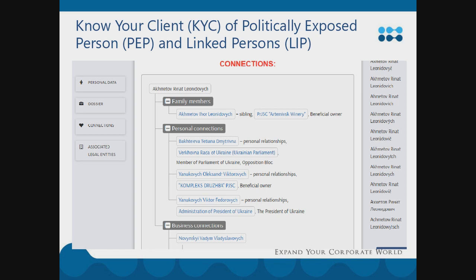Here this person was identified as a linked person because he has personal relations with a member of parliament. Again, a close associate of a PEP will be identified as a linked person, and must under the law be in the category of high-risk clients.